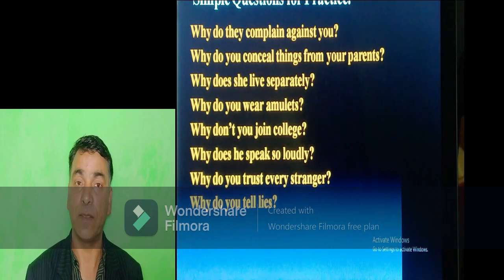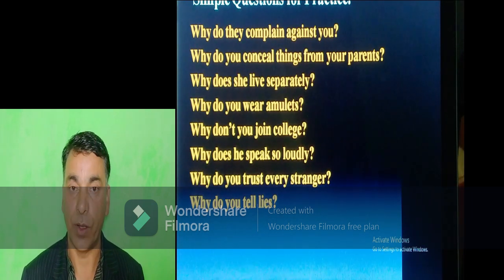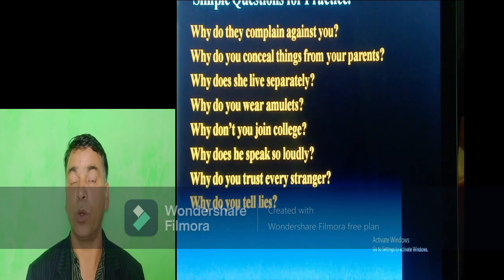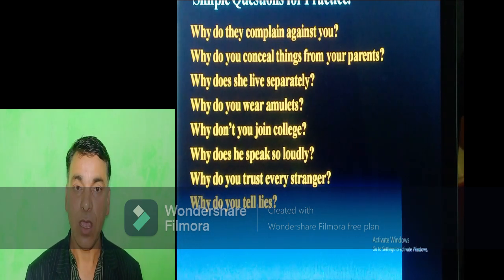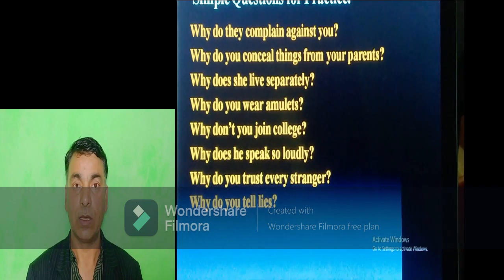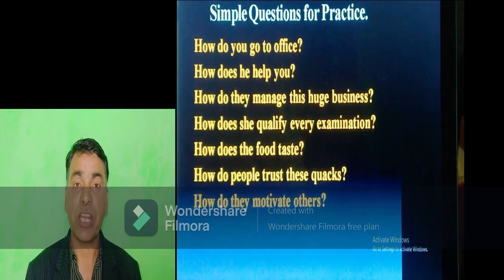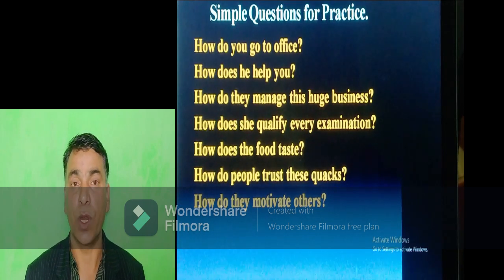And then does. Does goes with third person singular, which means he, she, it, and all singular nouns. Does goes with he, she, it, and all singular nouns.